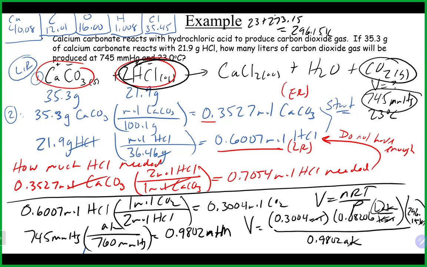That's going to get us 0.3004 times 0.08206 times 296.15 divided by 0.9802. Going to give us something like 7.45 liters of our CO2, which would be a theoretical yield in this case. Any questions on that one? Yeah.